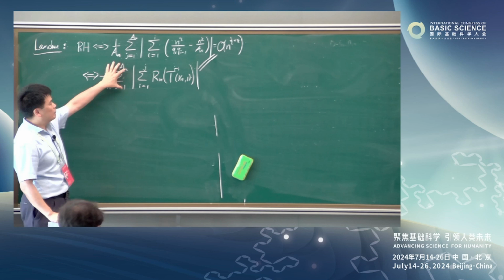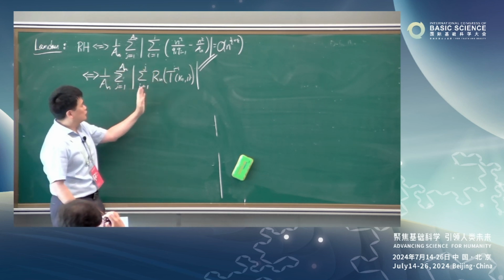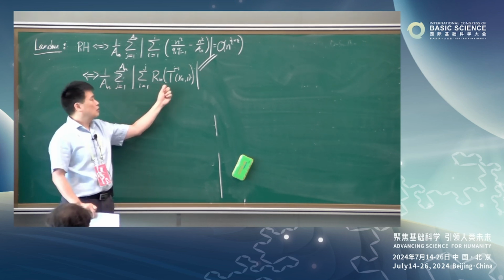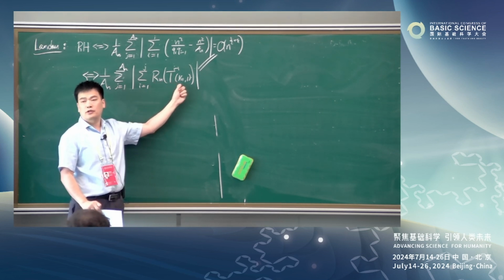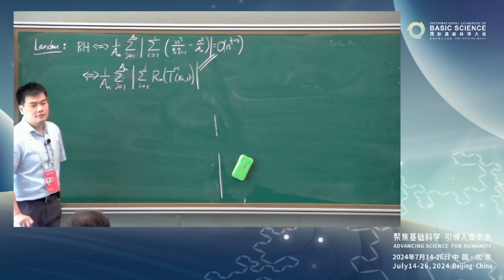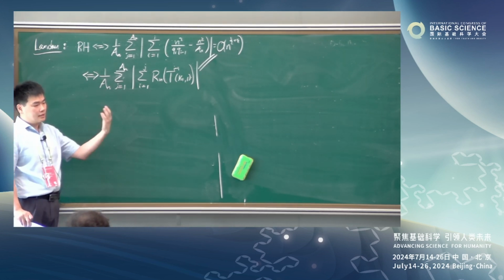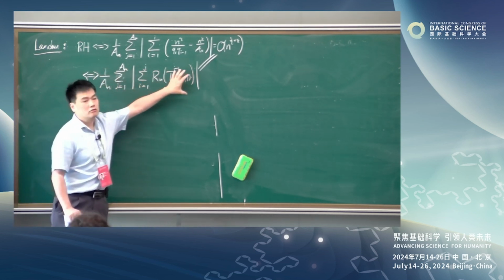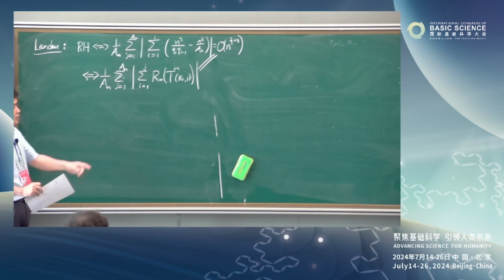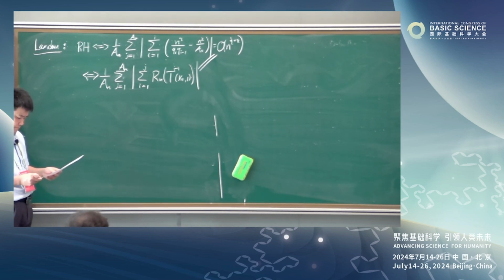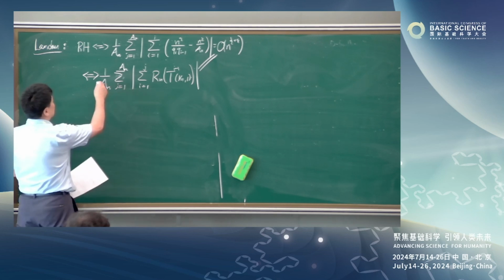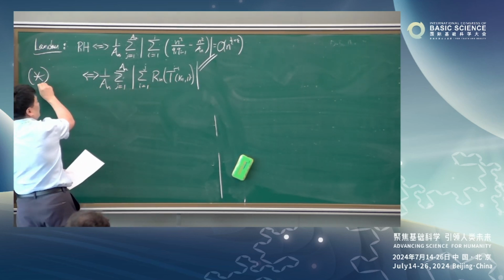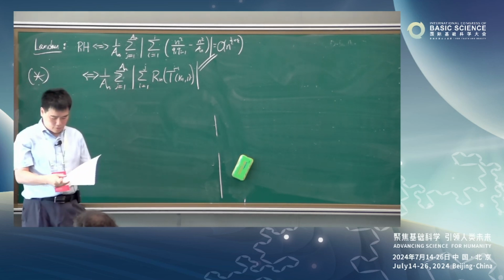So I'm taking the average of some partial sums of the values of some function along the nth periodic orbit. This is taking the Landau characterization of Riemann hypothesis, and just rewriting it in terms of this dynamical system. So we haven't done much. Let me call this star, this formulation of the Riemann hypothesis.